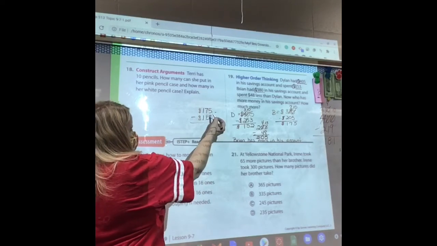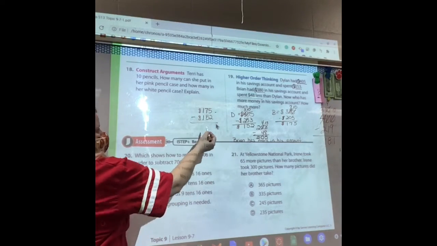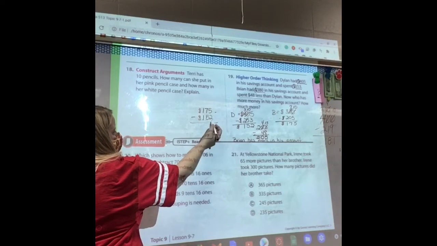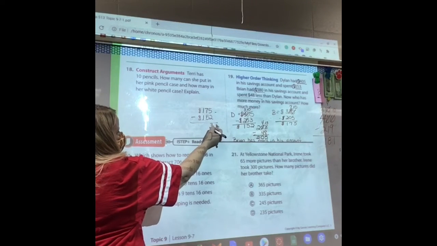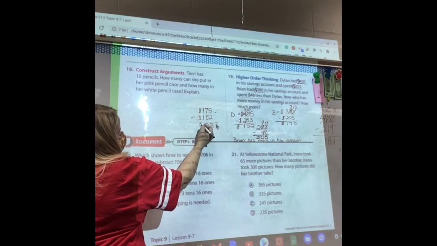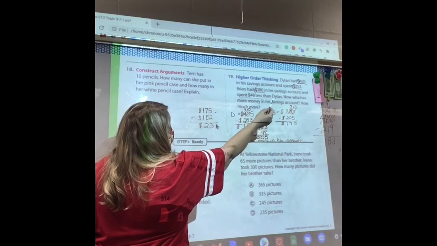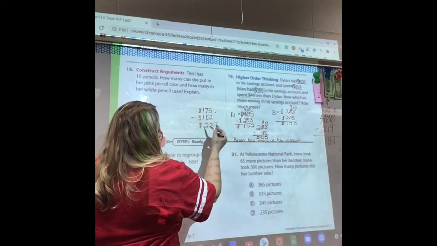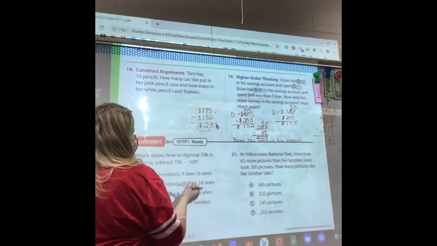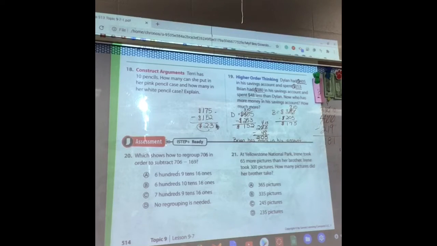Okay, so at least this one's easy. We can do this one, right? 5 minus 2 is 3. 7 minus 5 is 2, and that's a 0. So $23. So now who has more money? How much more? $23 more. Okay? Whew, that was a lot of figuring, right?